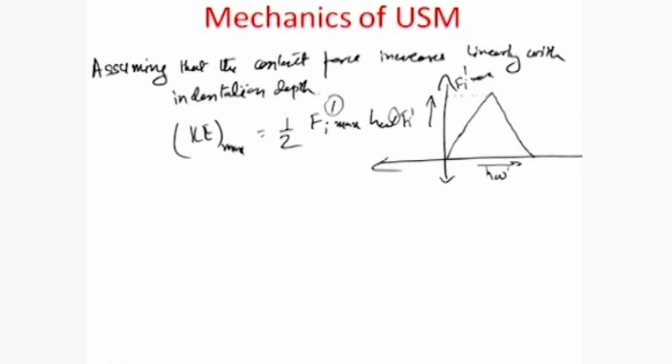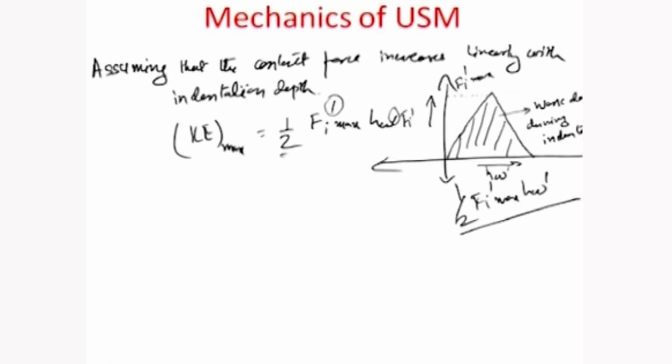So the area under this curve, shown by the shaded area, is really the work done, the amount of work done because of which the indentation has happened. So during indentation, the area is given by half Fi dash maximum Hw dash, and we equate that to the maximum kinetic energy of the grain that has been obtained before. So therefore, we can easily find out.